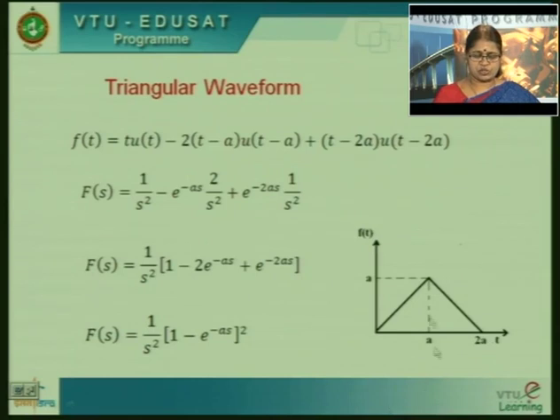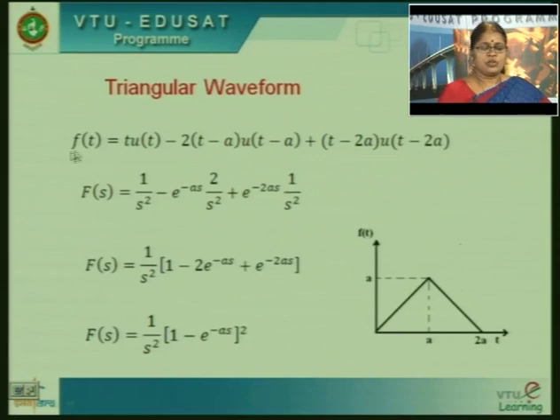Now, the slope has to change from plus 1 in this segment into minus 1 in this segment. So, if the slope has to change from plus 1 to minus 1, I need to add a ramp whose slope is minus 2. If I add a ramp with a slope minus 2 from this point t is equal to a, then the resultant signal will have a slope of minus 1.